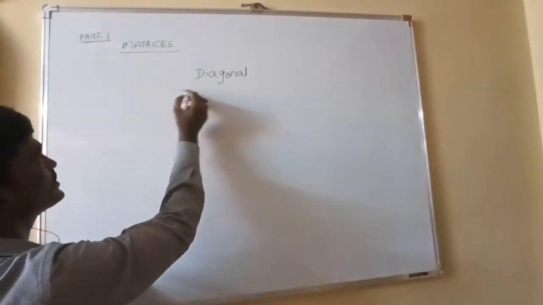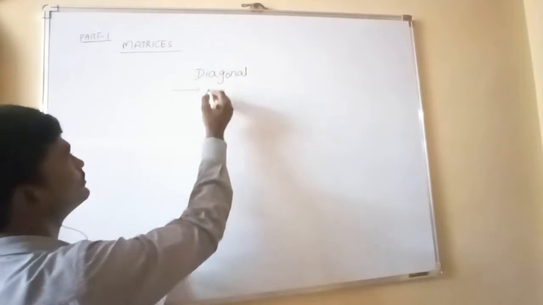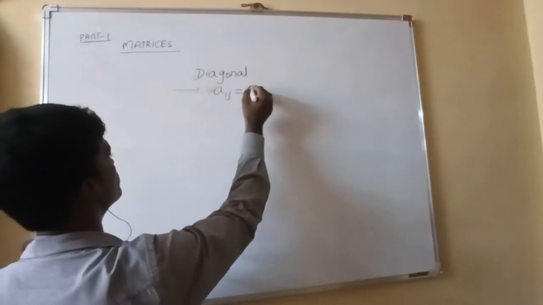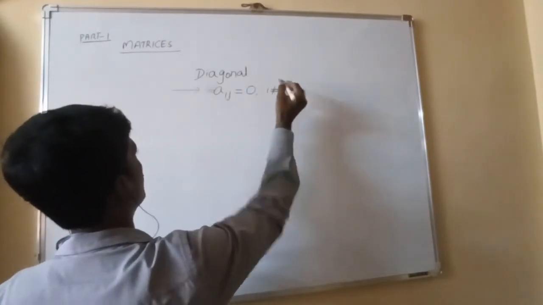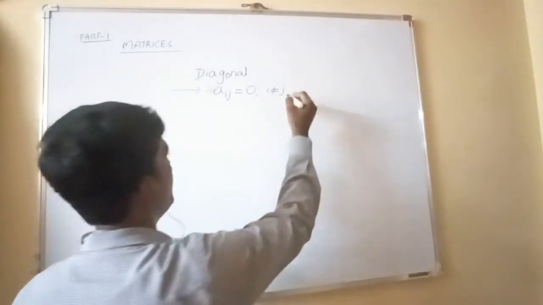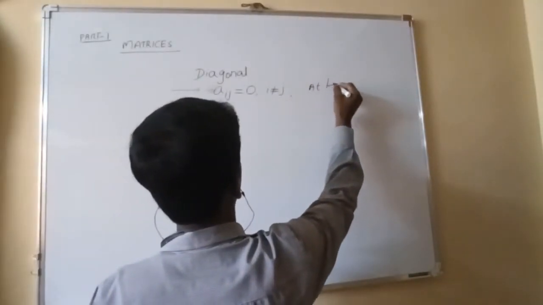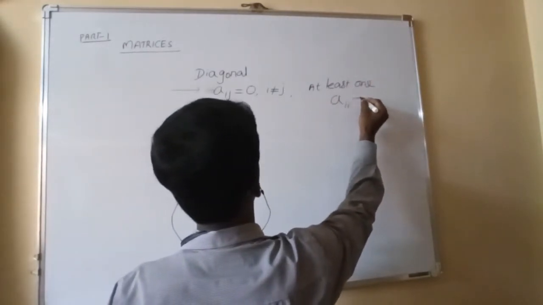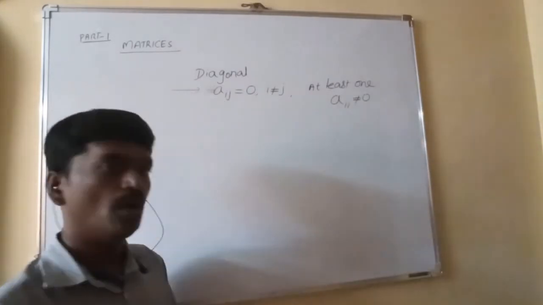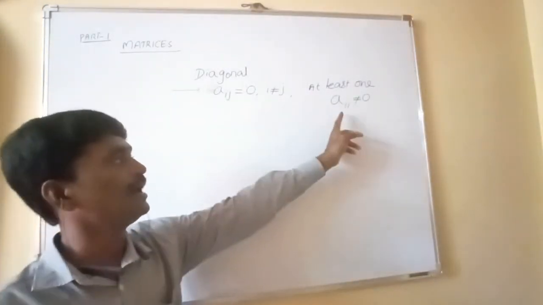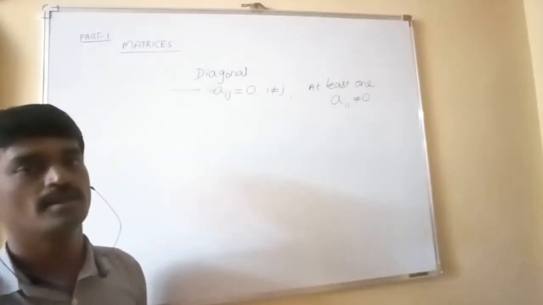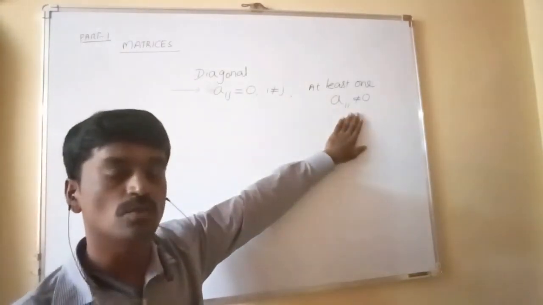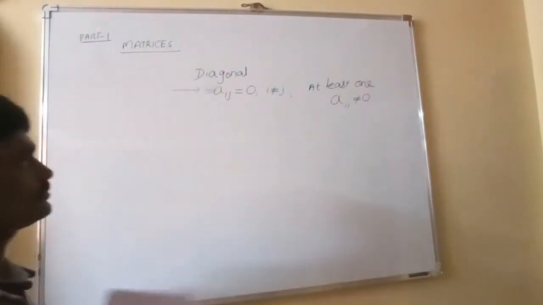A square matrix is said to be a diagonal matrix if all non-diagonal elements are equal to 0, and at least one diagonal element is not equal to 0. Example.